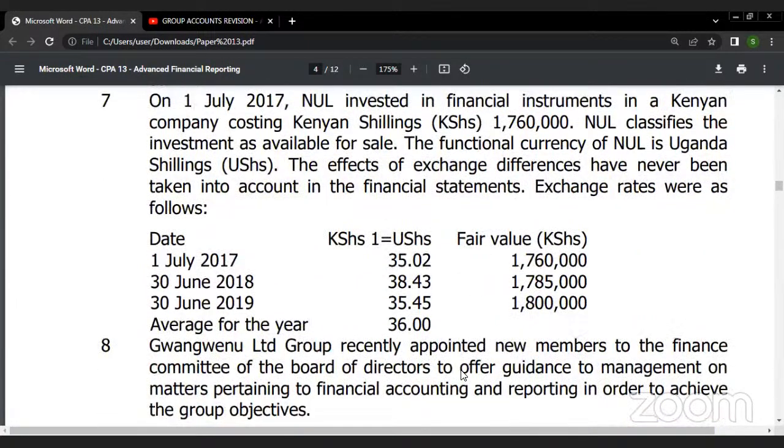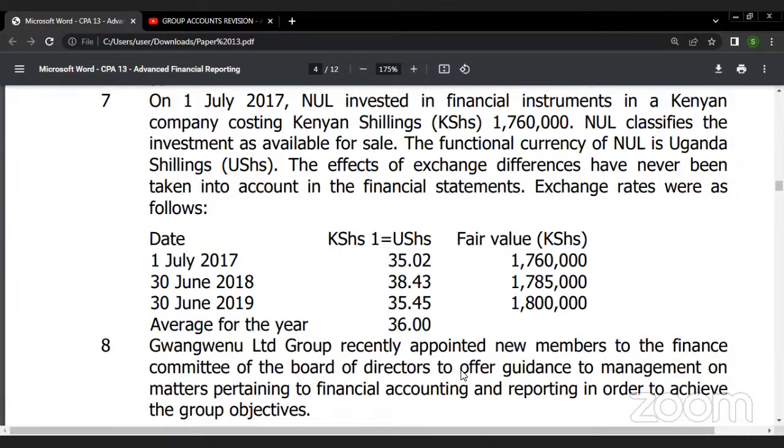On 1st July 2017, NUL invested in financial instruments in a Kenyan company, costing Kenyan shillings 1,760,000. NUL classifies the investment as available for sale.